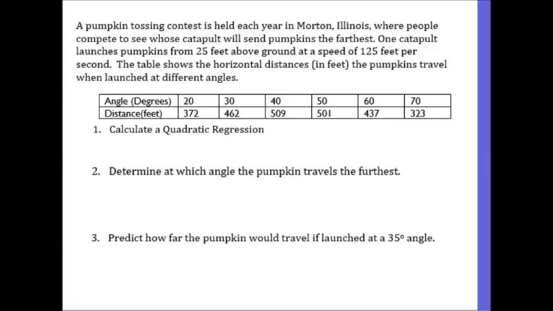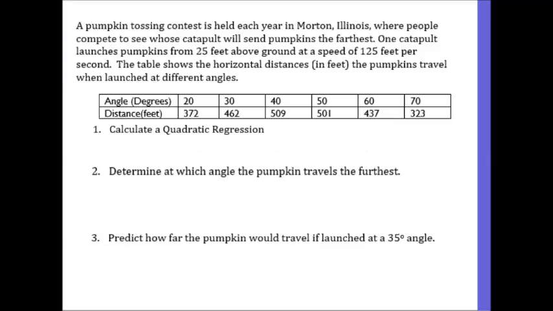A pumpkin tossing contest is held each year in Morton, Illinois, where people compete to see whose catapult will send pumpkins the furthest. One catapult launches pumpkins from 25 feet above ground at a speed of 125 feet per second. The table shows the horizontal distance in feet the pumpkins travel when launched at different angles.